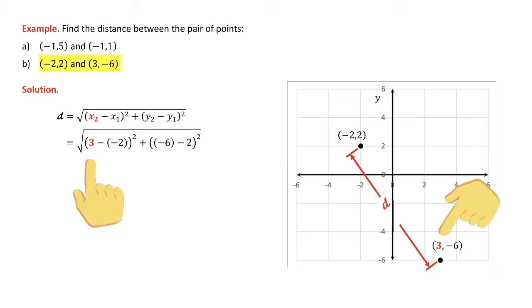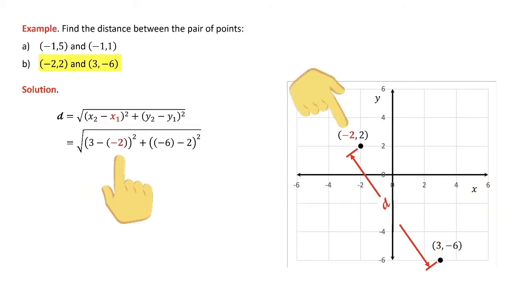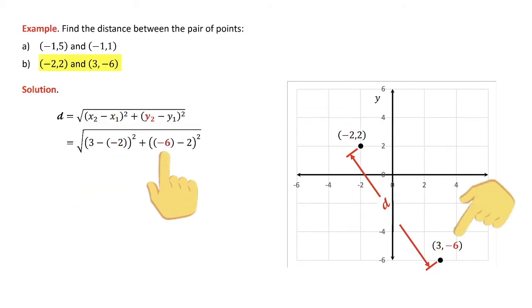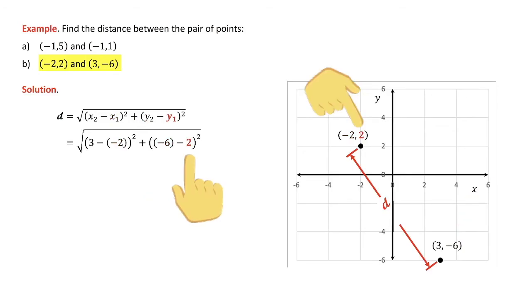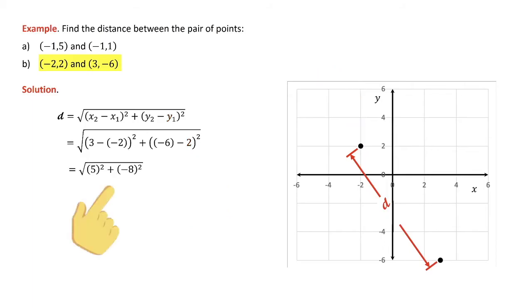So x2 is 3, x1 is minus 2, y2 is minus 6, and y1 is 2. And again, you can see how you can make algebra mistakes with the signs here. That's why I like having ways to check your answers, and I encourage you to. Okay, now if you just clean up all the algebra, it looks like this. The one mistake people make is with signs.